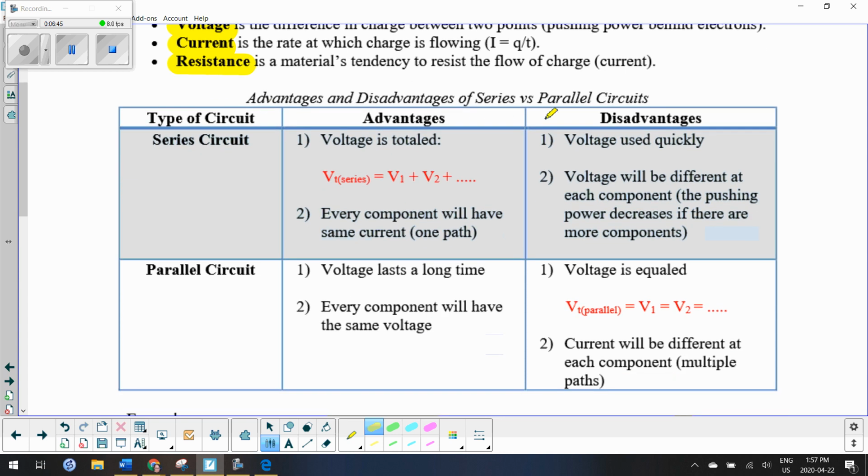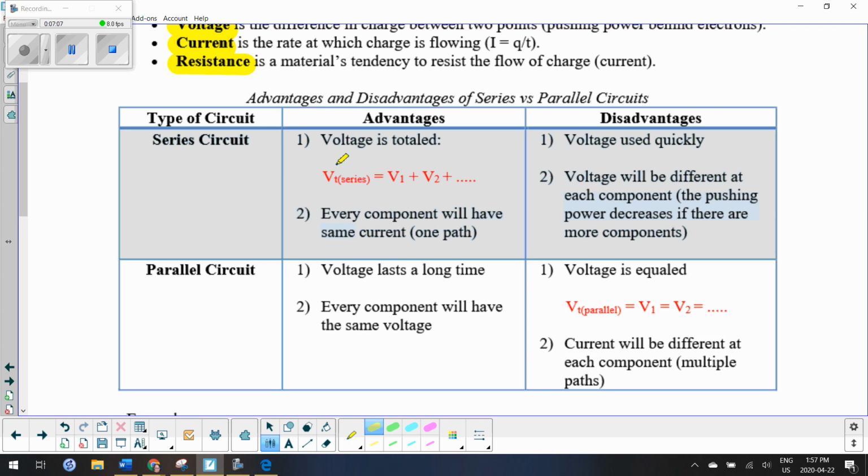Okay, so advantages and disadvantages of series and parallel circuits. This is a very important chart, and when you're going to do calculations, you're going to want to have this handy. So in a series circuit, the advantages: sorry, let me go back, let's rewind a bit.